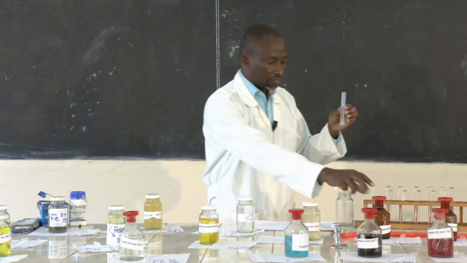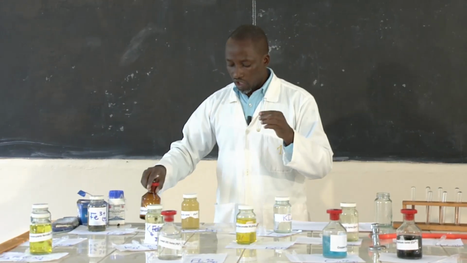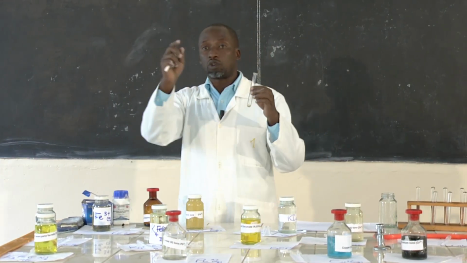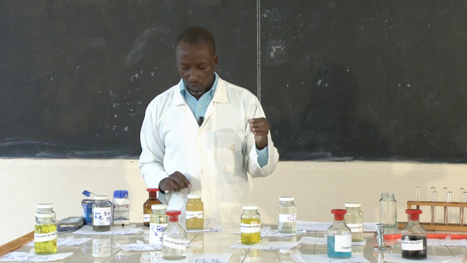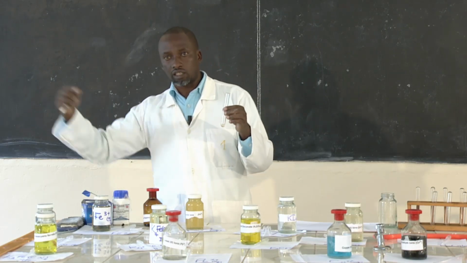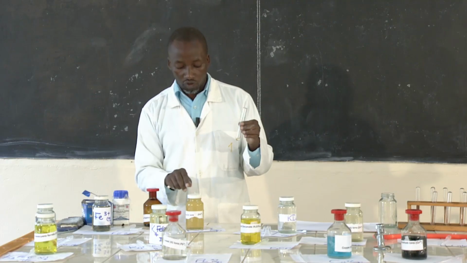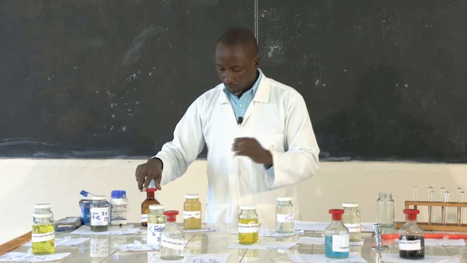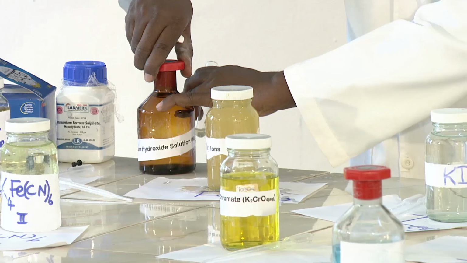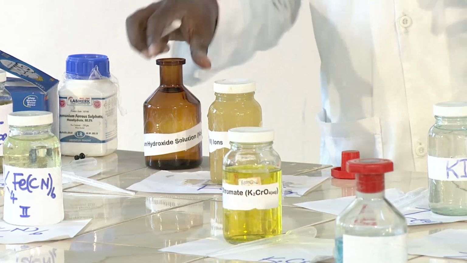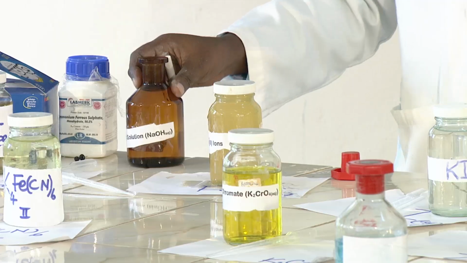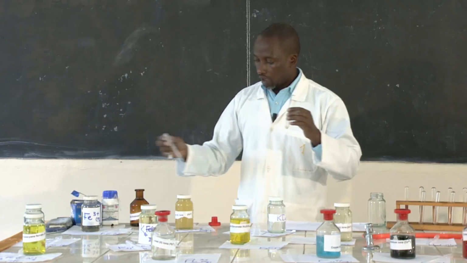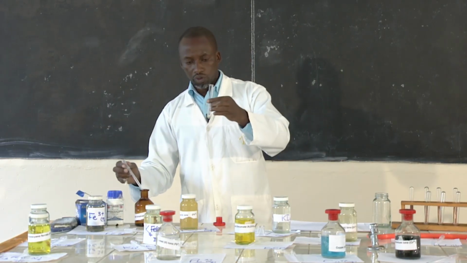Sorry, I'm just trying to cover up this iron 2, because you remember iron 2 is a very unstable compound. It easily turns into iron 3 in the presence of oxygen. So that's why I have to cover it again. All the solutions have to be covered. So this is sodium hydroxide, and I'll add a few drops.